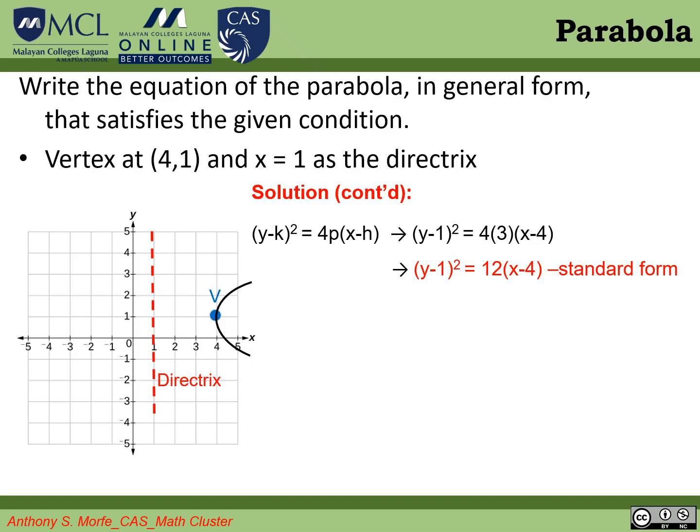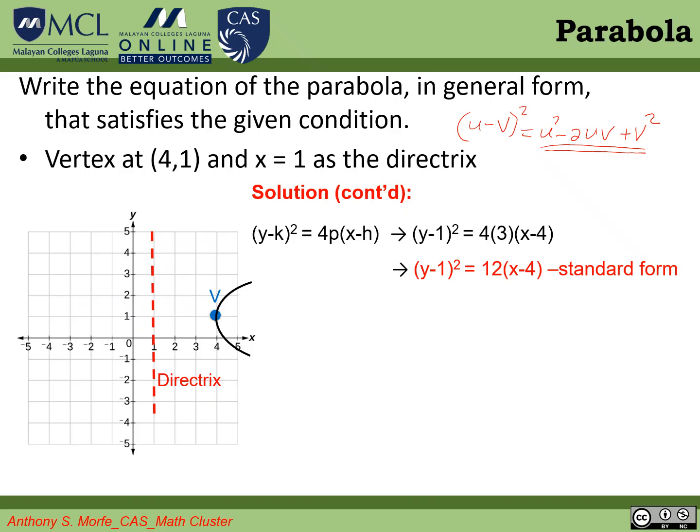Now to transform this into general form, first we expand the left side using the formula u minus v squared equals u squared minus twice the product of u and v, the product of the first and second term, then plus the square of the second term. So we have to expand it in this manner.